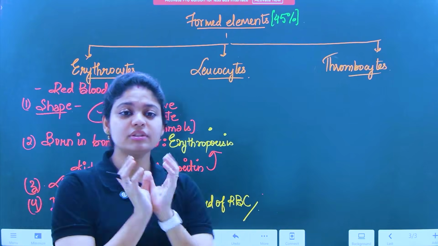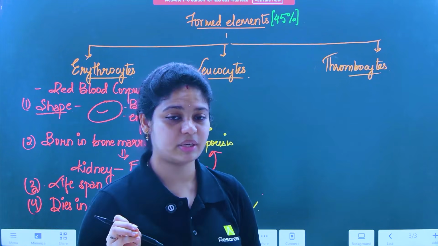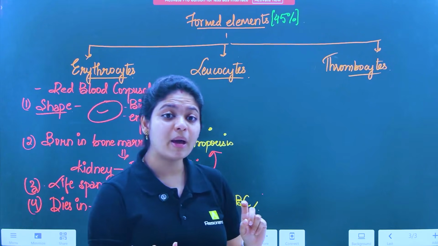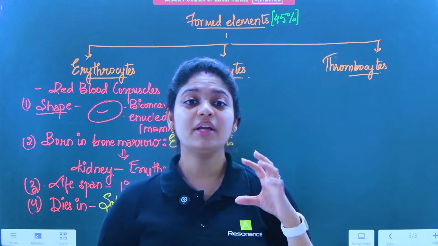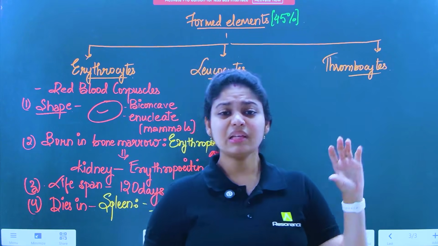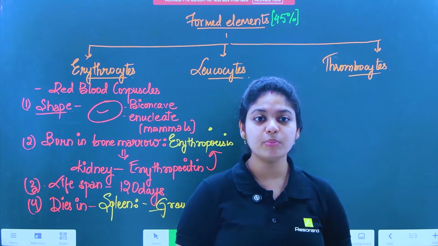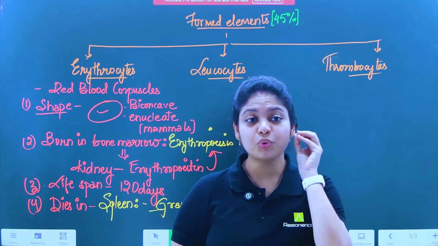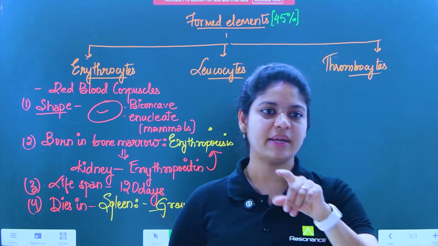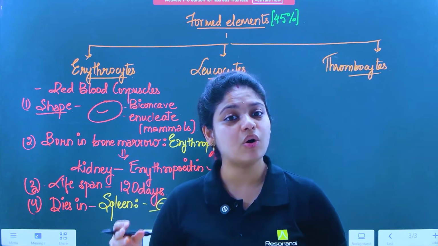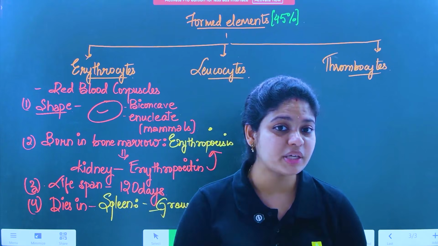Okay, so if you see over here, what is the shape? It is biconcave in shape, it is enucleate. Where is it born? It is born in the bone marrow. How is it born? A kidney releases a hormone. That hormone is erythropoietin. You ask me how is kidney related to it? Kidney is releasing a hormone called as erythropoietin.